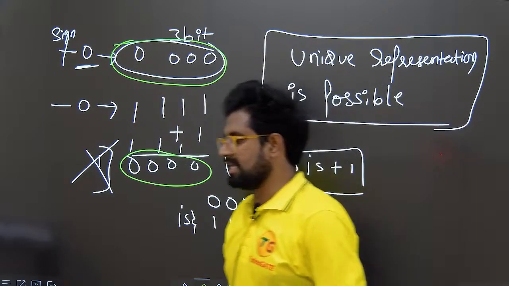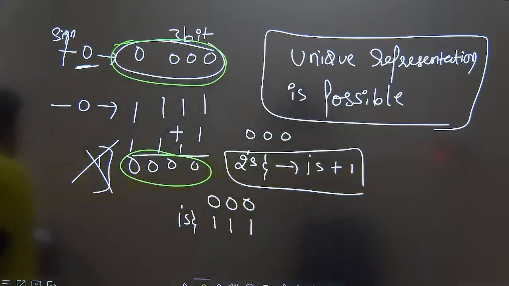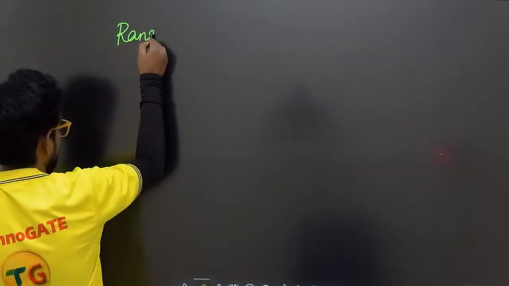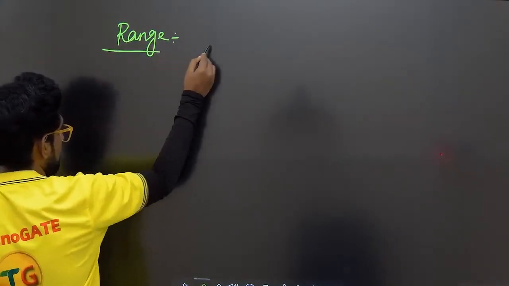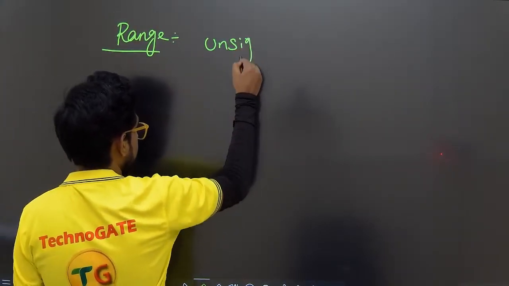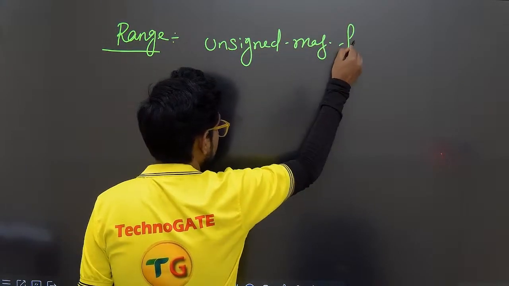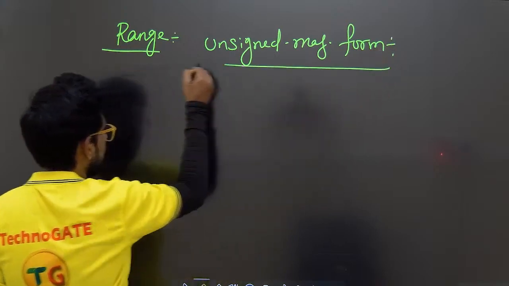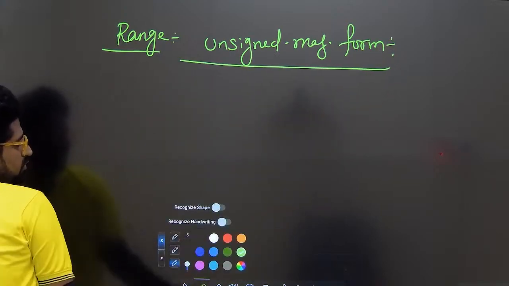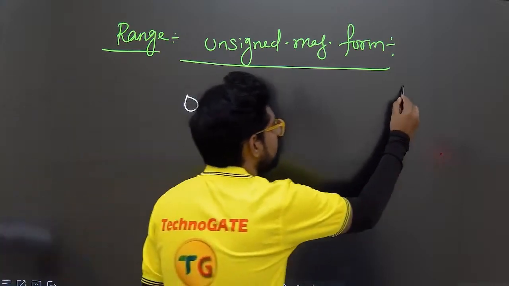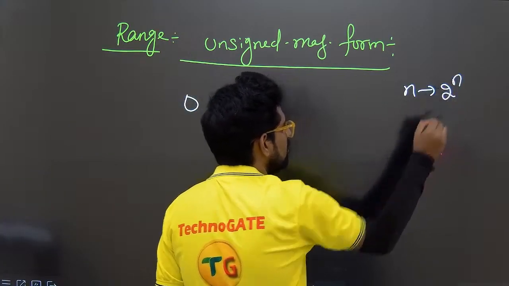So let's discuss the ranges of various formats. So first range is unsigned magnitude form. As you know, there are no negative numbers, so numbers start from 0. 0 to, for n bit we know 2 to the power of n levels are possible.